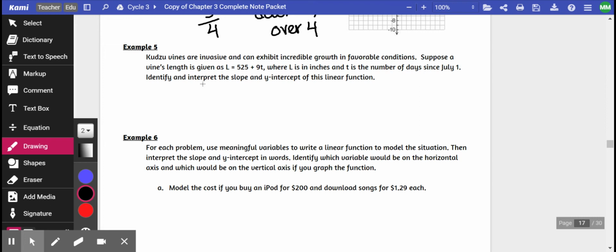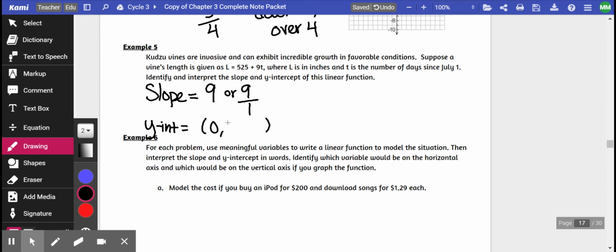We're going to identify and interpret the slope and y-intercept. So let's first identify the slope. The slope is 9, or 9/1, because that's what's multiplying with the variable. The y-intercept is at 0, 525, because that is what is added on the same side as your variable.